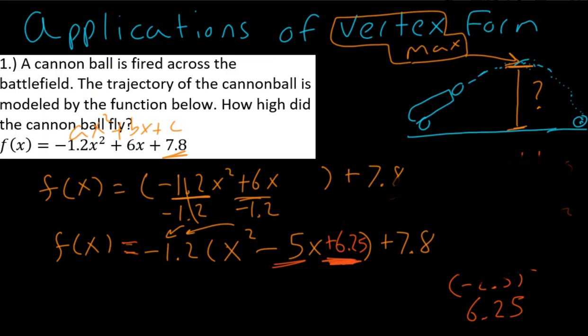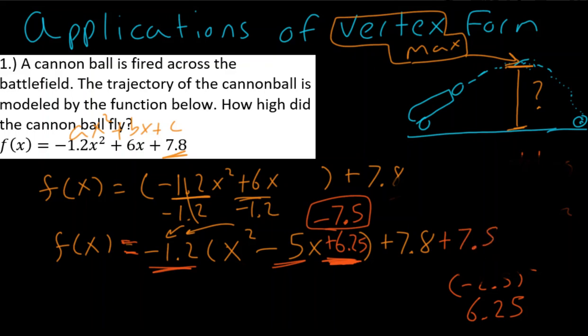It's really 6.25 times negative 1.2. So what is 6.25 times negative 1.2? That's actually going to give us negative 7.5. So what you really added to the right side of this equation was a negative 7.5. In order to balance that, you're going to need a positive 7.5.